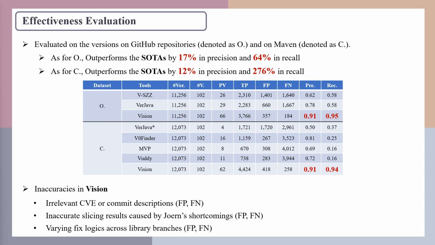Second, Vision leverages program slicing based on Joern, which contains incorrect data or control dependencies that can mislead our critical statement selection. Third, the library versions can have different fixing logics because they evolve on different branches, which may not be reflected in the potential patch signatures.